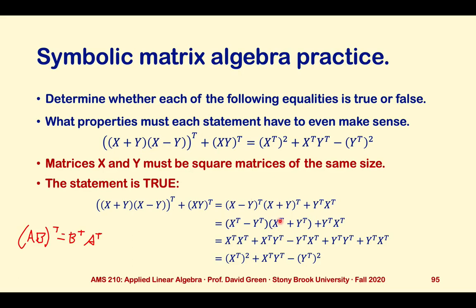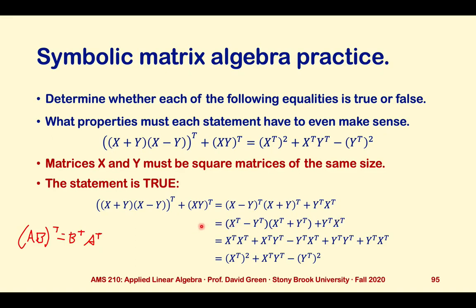That happens just very simply. X minus y transpose is x transpose minus y transpose. X plus y transpose is x transpose plus y transpose. We won't do anything more with this term. At this point, there's not really much to work with there.